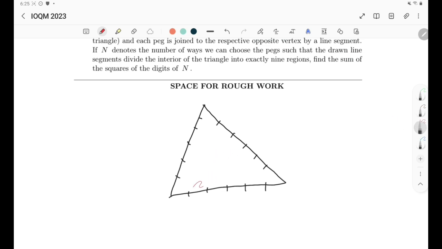So what we'll be doing is picking 4 of these points, so that when we draw the lines, let's say we pick this, we draw this, and let's say we also pick this, and then we pick this. Then how many regions have we divided the triangle into? In this case, 1, 2, 3, 4, 5, 6, 7, 8. So here 8. Now they want us to divide it into 9 regions, and count how many ways to do that. So let's think about this question.